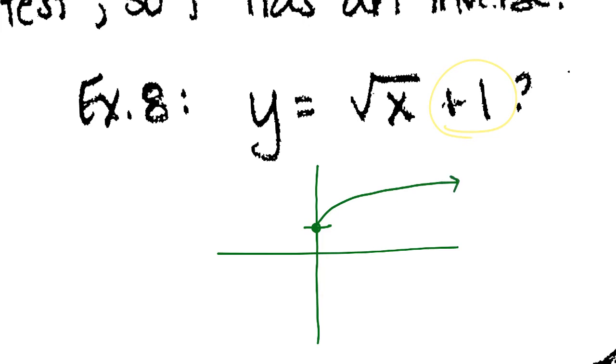If I use the horizontal line test, some people start to question because it does go really steep here. It actually continues to climb and go higher on the y. But because it's so steep, a lot of people wonder. This one does have an inverse. So we determine that yes, this function will have an inverse.